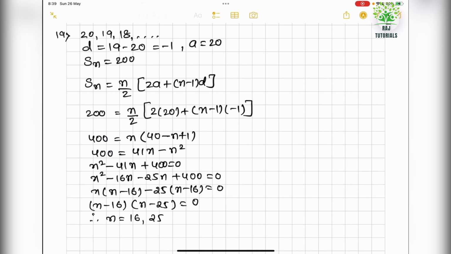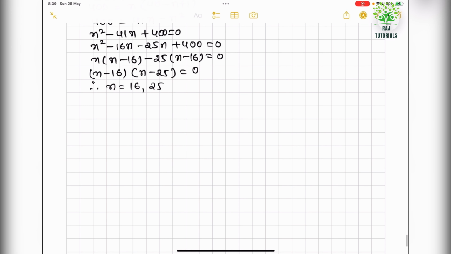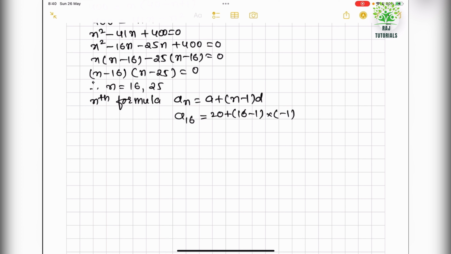Now I have to check the answer. Using the nth term formula, an equals a plus (n minus 1) d. a16 equals 20 plus (16 minus 1) into d, and d was minus 1, so that is 20 plus 15 into minus 1, so 20 minus 15, which is 5.